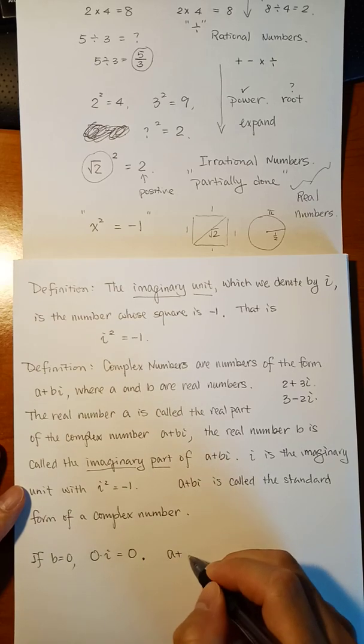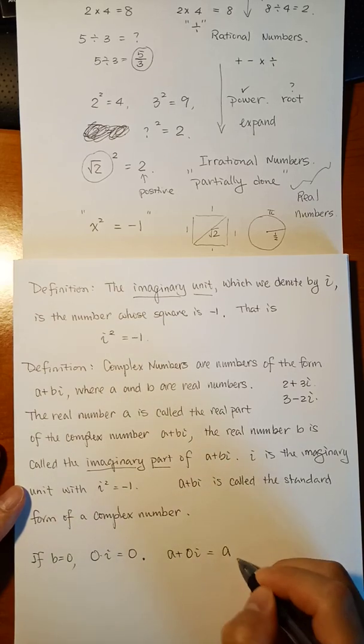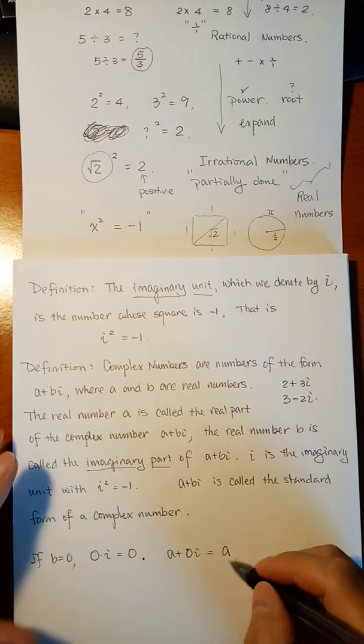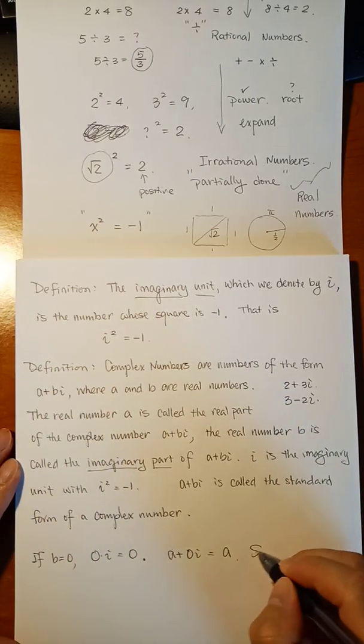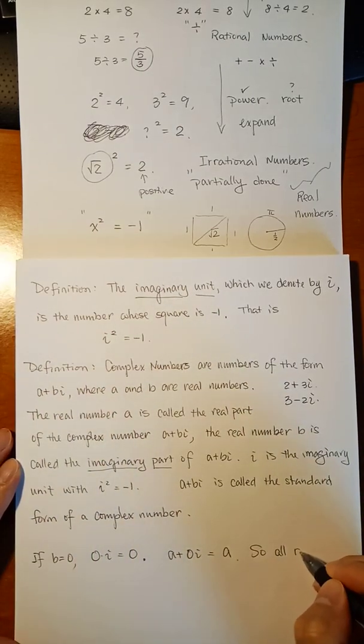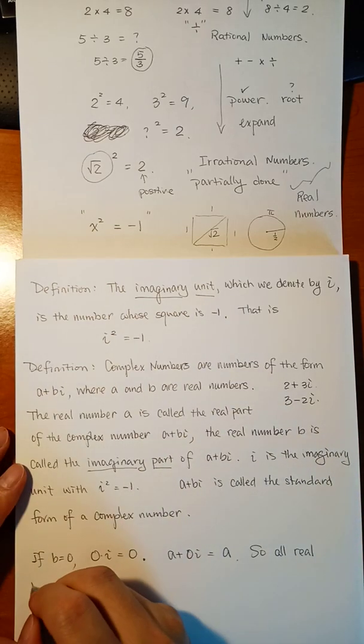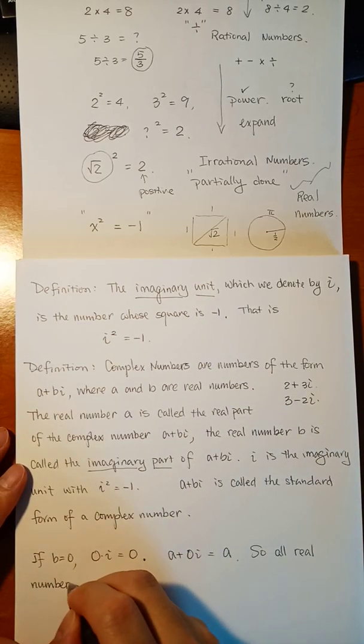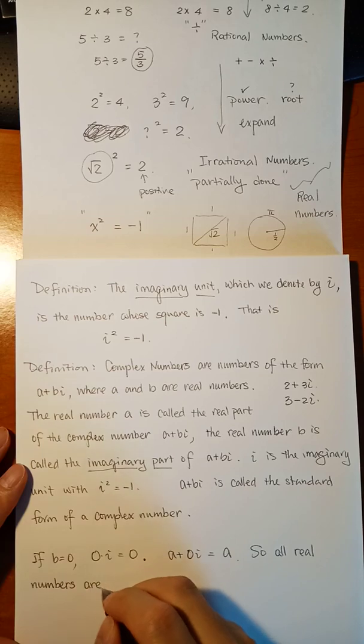So a plus 0 times i becomes a. a is a real number, so this implies all real numbers are complex numbers.